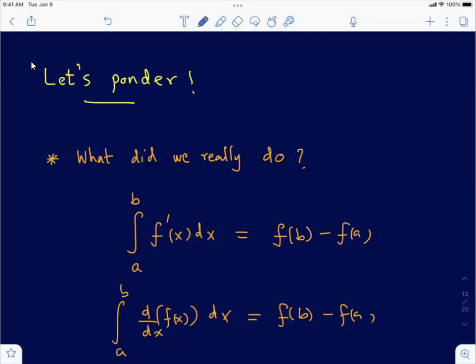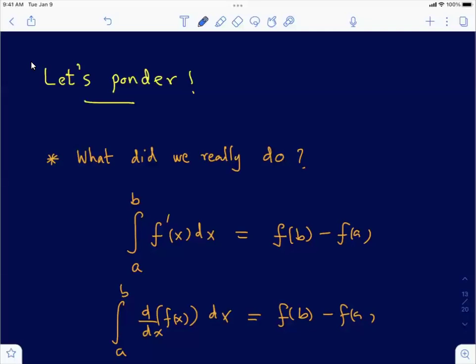Now, why do I say that? Now, pretend that you have a derivative. If you have f prime, its antiderivative is none other than the original function itself. F prime, and if you integrate f prime, what you're going to get is just the original f of x.